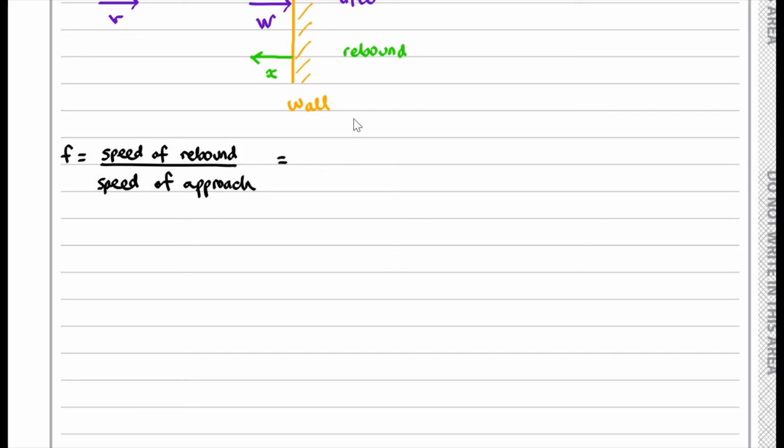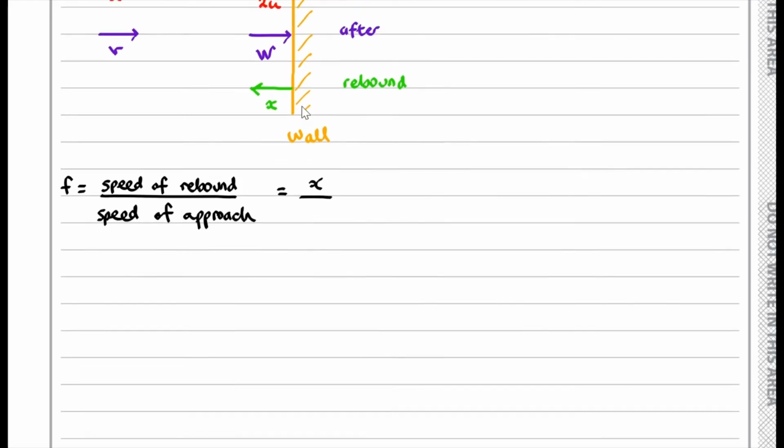So we have the speed of rebound x, the speed of approach, if you look over here, that's w.